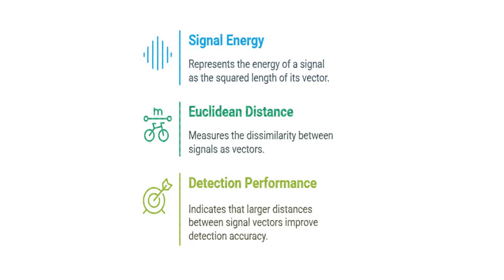So understanding these relationships is a fundamental concept to design efficient, reliable digital communication systems. By carefully choosing signal constellations with large minimum Euclidean distances and ensuring sufficient signal energy, we can minimize the impact of noise and interference and achieve robust communication.